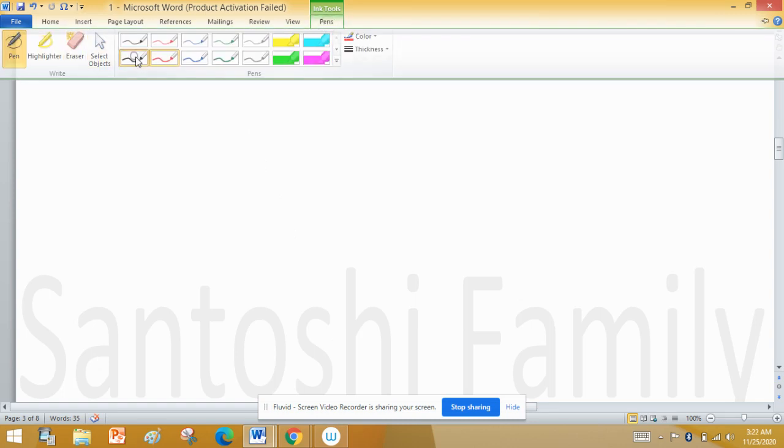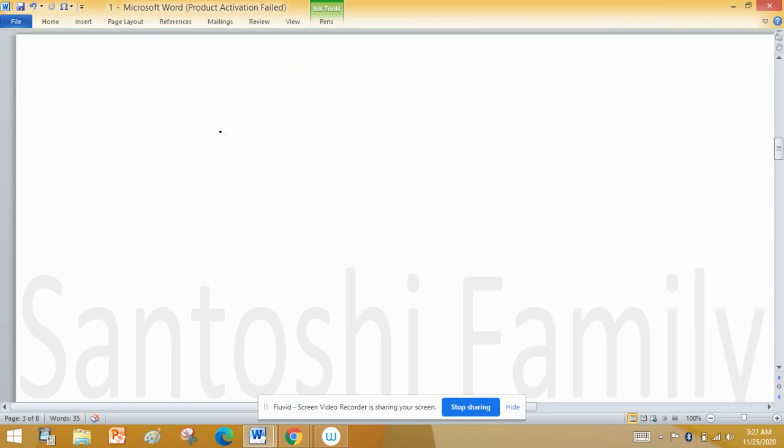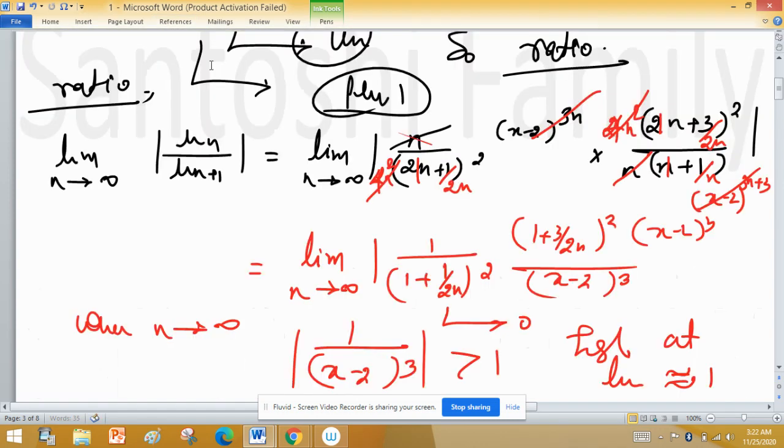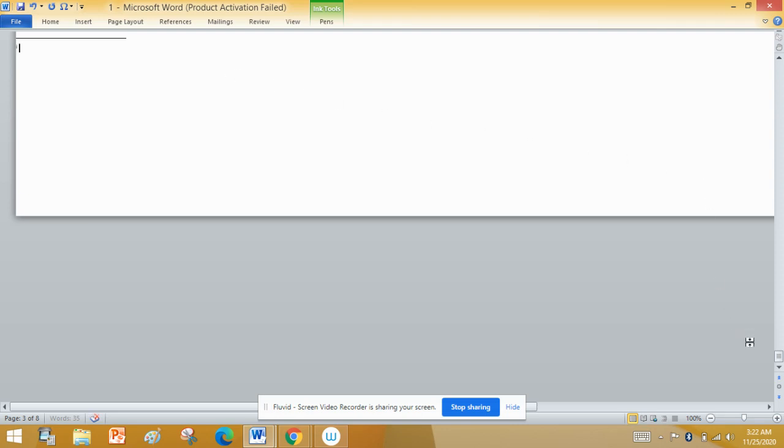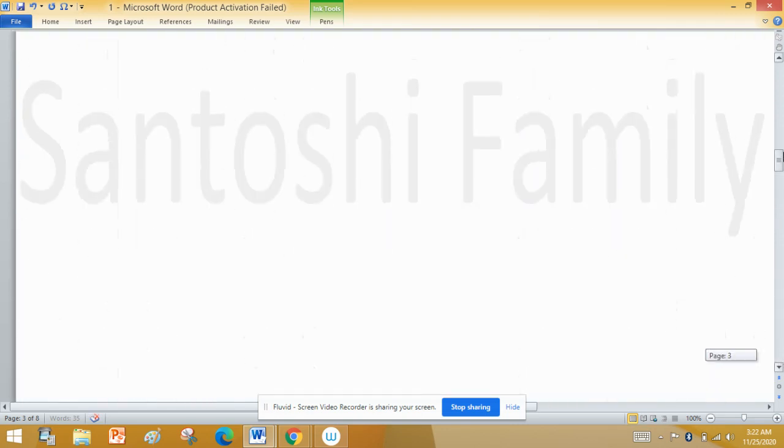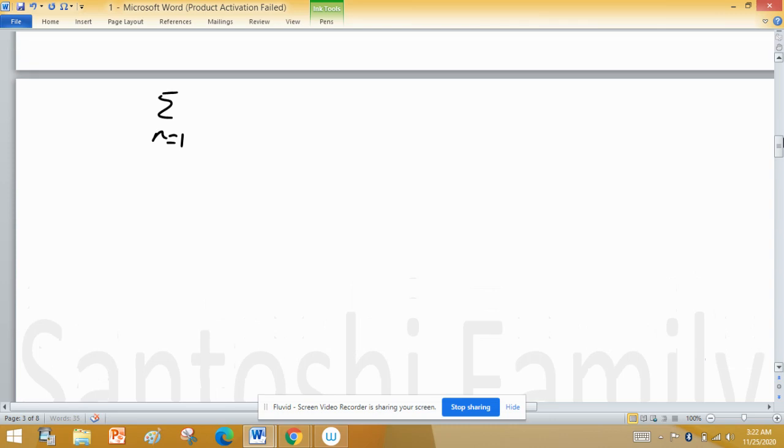So it will become summation running from 1 to infinity, n times (minus 1) raised to the power 3n divided by (2n plus 1) square.